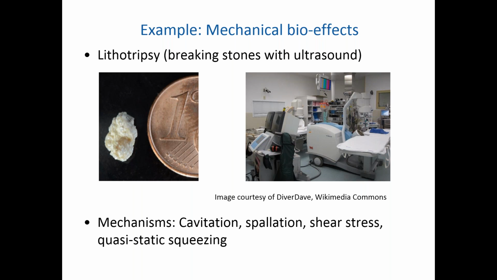This is where we have bubbles collapsing immediately in the presence of the stone, and these can cause high-speed jetting, which damages the stone. Spallation, this is where we can get bits of the stone flying off its rear surface. We could find that there were shear stresses induced in the stone and also quasi-static squeezing. All of these mechanisms and potentially more can contribute to stone breakup. So clearly there's a range of mechanical bioeffects there.